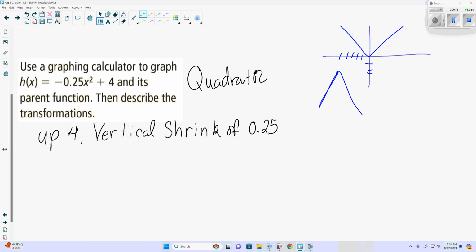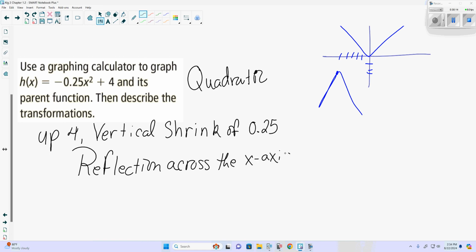That's why the textbook definition of stretch or shrink is: if the absolute value of a is greater than 1, then it's a stretch. If 0 is less than the absolute value of a is less than 1, then it's a shrink, because that negative is not attached to it. It's purely attached to the reflection. And that's it. Does that make sense?